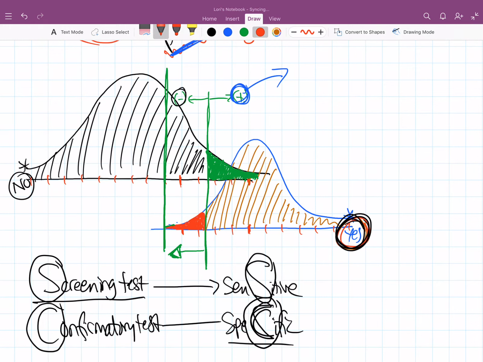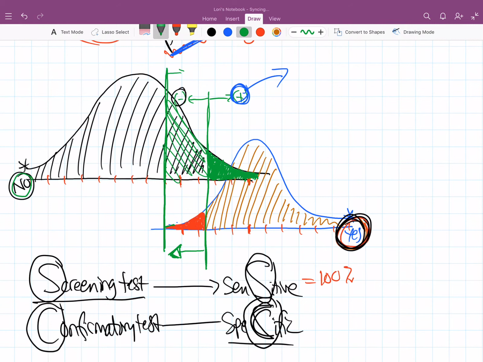So my sensitivity in that case would be equal to 100%. But guess what I traded for it? I just traded it for all of these false positives. Those are people who do not have the disease. They ended up testing positive.